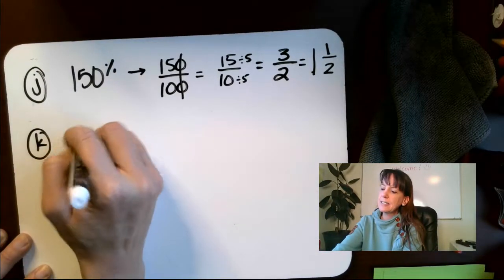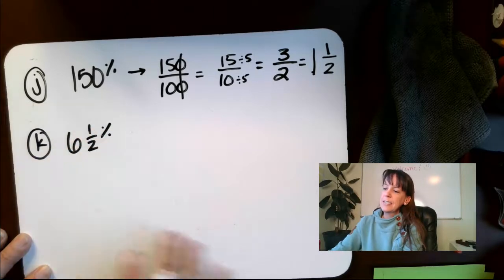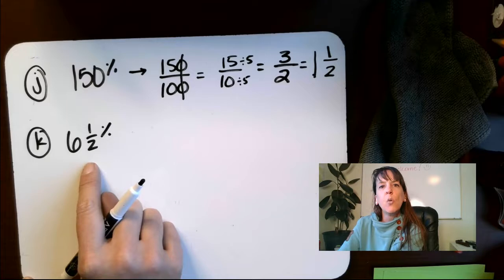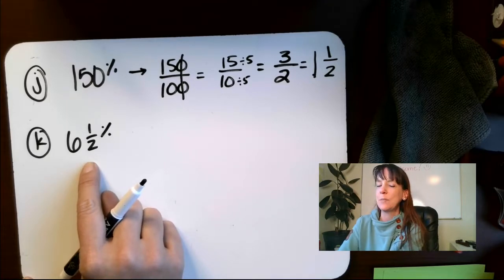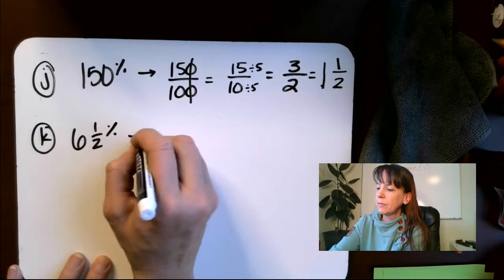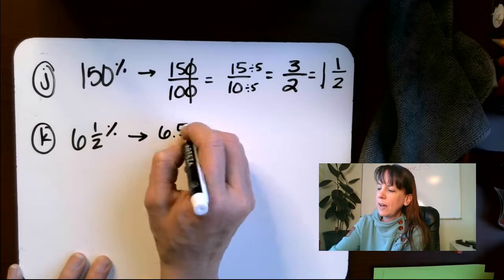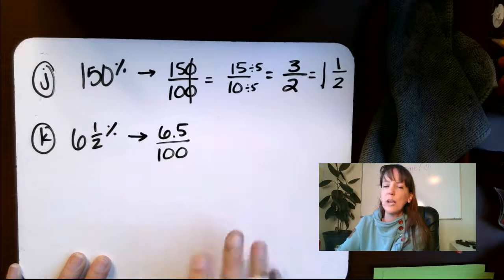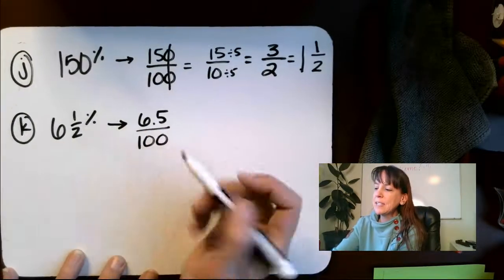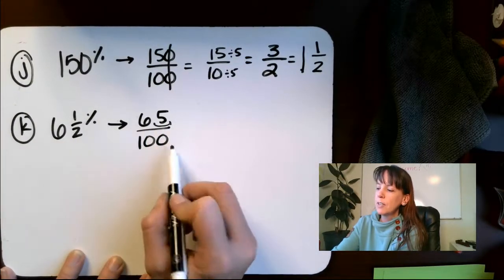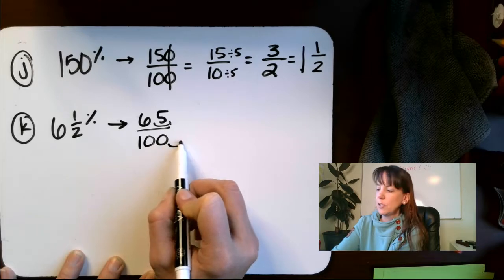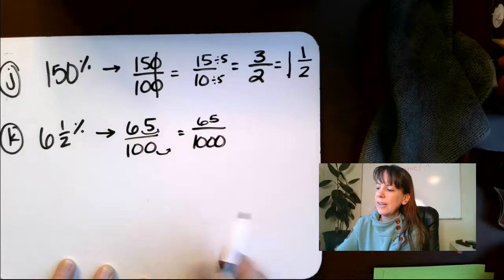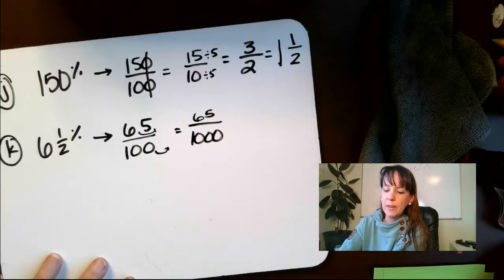Okay, 6.5%. This is why I say some of those ones are really important to memorize. 1/2 as a decimal is 0.5. So this is 6.5, and there are 2 dots in a percent sign, so there are 100ths on the bottom. But we can't have a decimal, so we move this decimal over, and we have to move the other decimal over. So now we have 65 over 1,000.